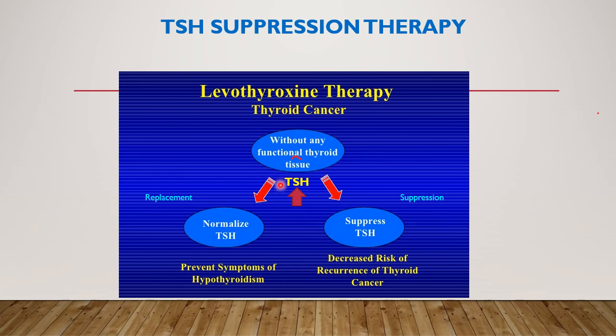So if the replacement is not enough, then what happens? The increased TSH will stimulate the existing thyroid tissue, and that will cause the recurrence of the disease. So in order to prevent this, you have to suppress the TSH from stimulating any microscopic focus of thyroid tissue that may be available, and this is known as TSH suppression therapy, where you give the patient a higher dose of thyroxine to suppress whatever TSH may be produced.